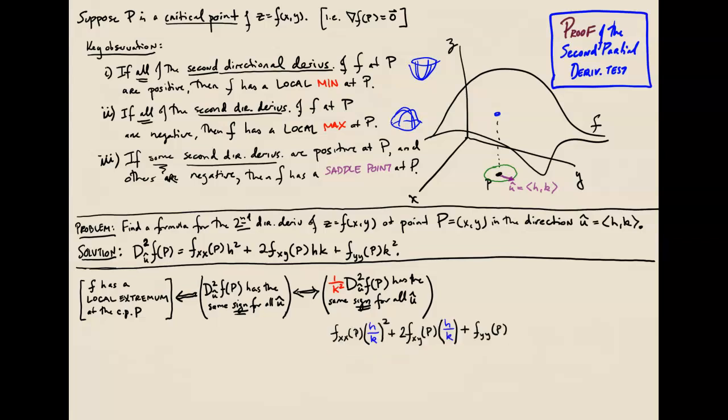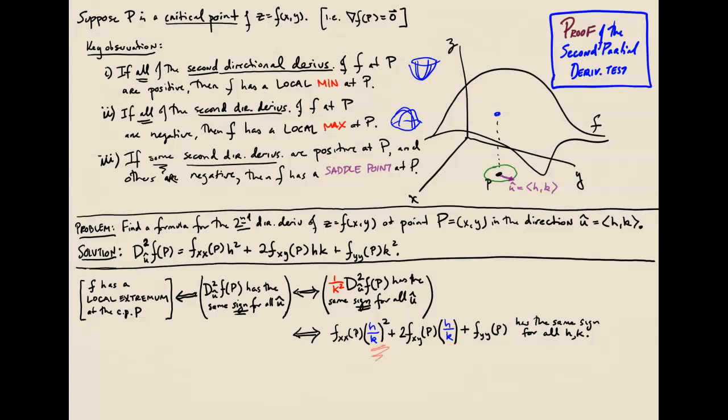And since this is just standing in for this, I can say that this stuff has the same sign for all u, if and only if this stuff has the same sign for all u. But u, let us remember, is the vector hk. So I'm going to go ahead and replace that u with h and k. Okay, but you may be wondering, why did I write h over k in blue here?